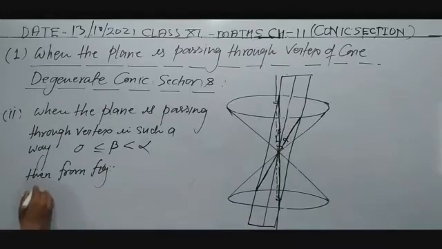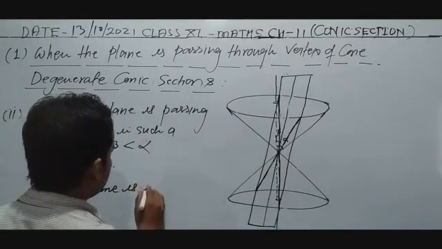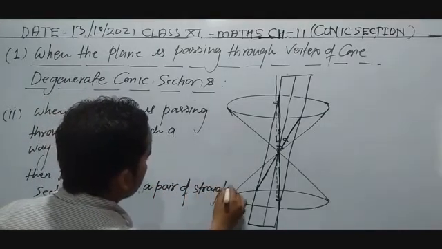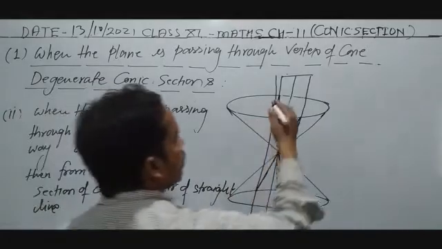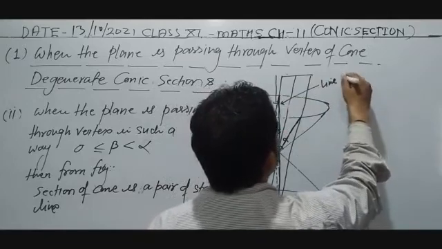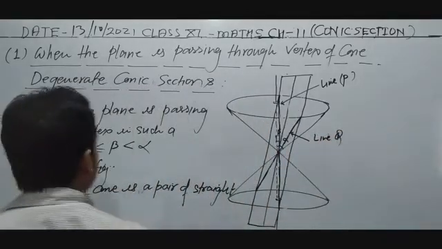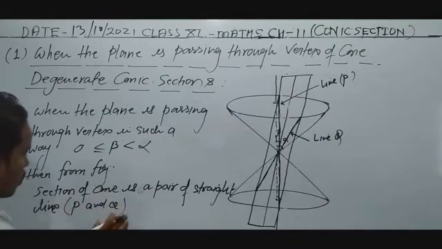Now from the figure, the section of the cone is a pair of straight lines, and suppose this is the line P and this is the line Q. This is our section.